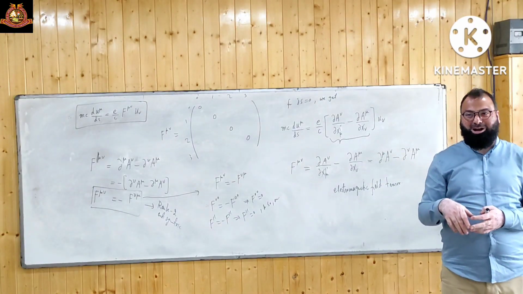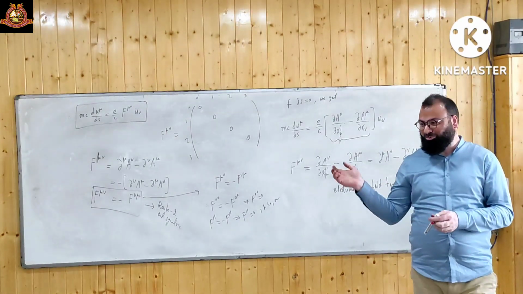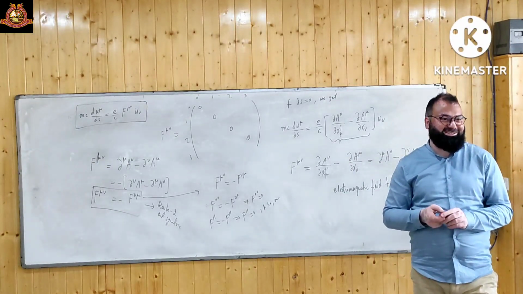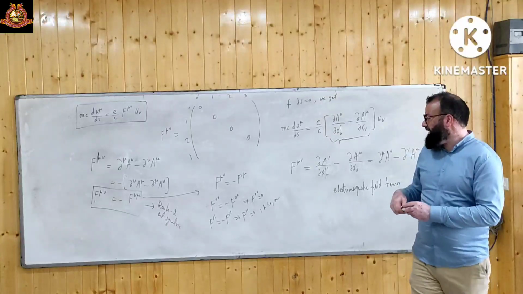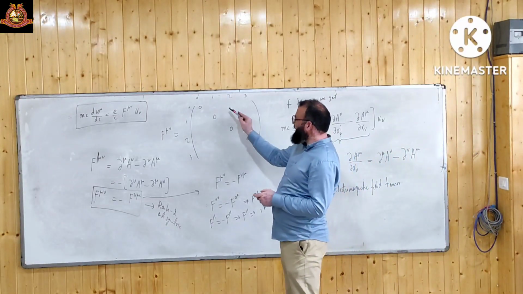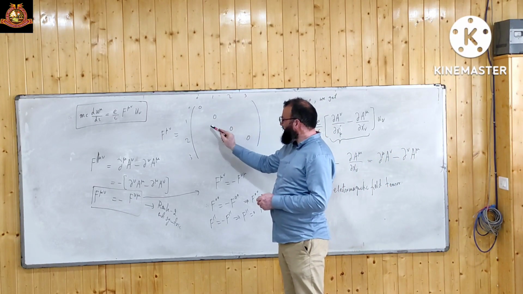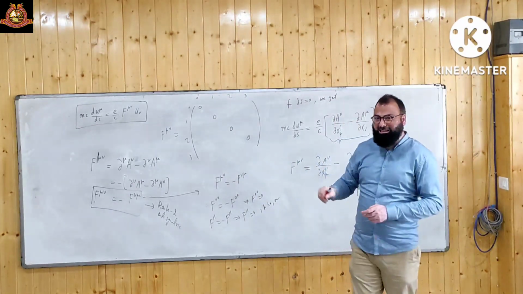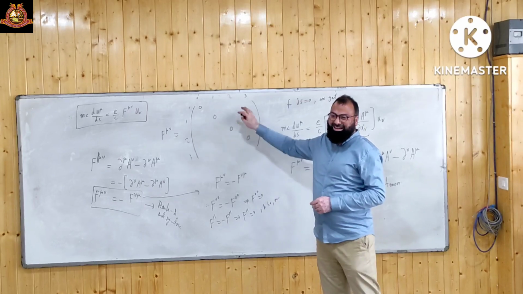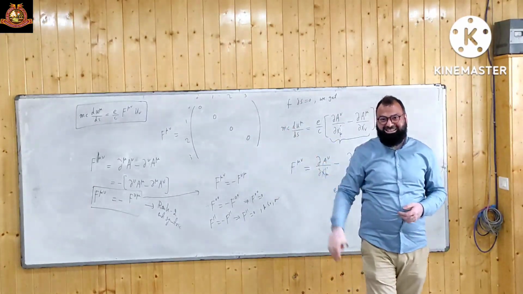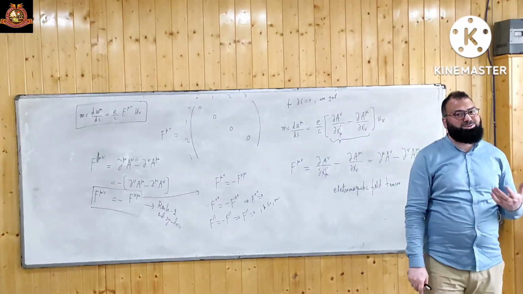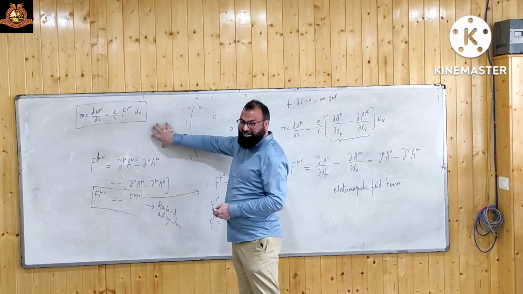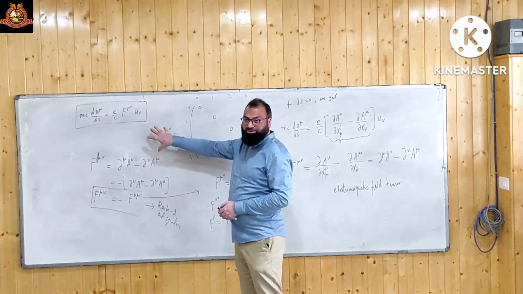Diagonal terms are 0. Out of 16, you remove 4. How many are remaining? 12. But when you say antisymmetric, the elements here are the same as here, just with a sign change. So now count the elements here. Just 6. So I will have only 6 linearly independent terms for this F mu nu.